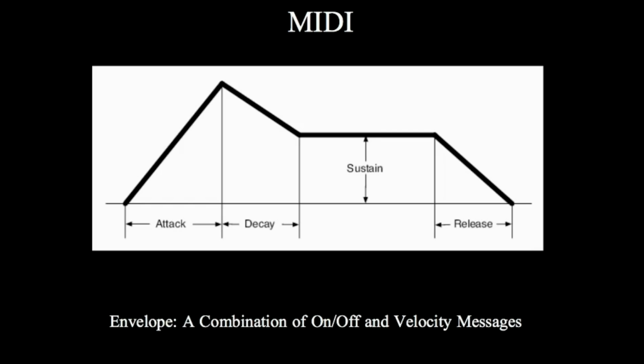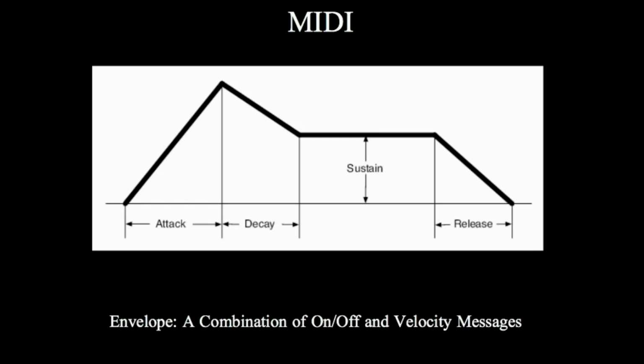So here we're looking at the envelope of any sound, and this is familiar from how we discussed this in the first half of the semester, ADSR: attack, decay, sustain, release. This is how we describe the envelope of any sound.